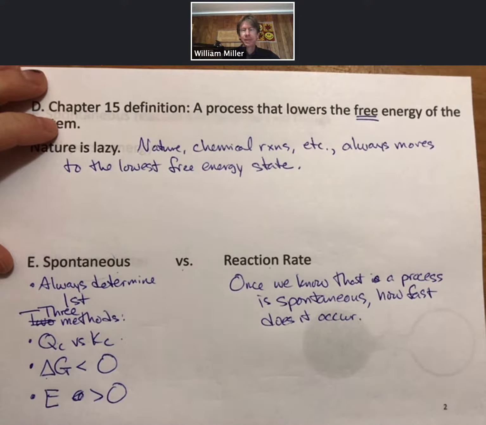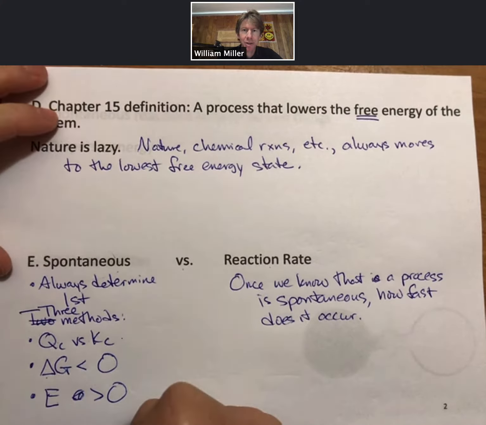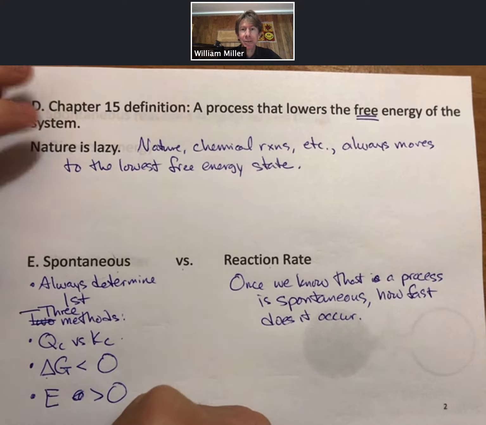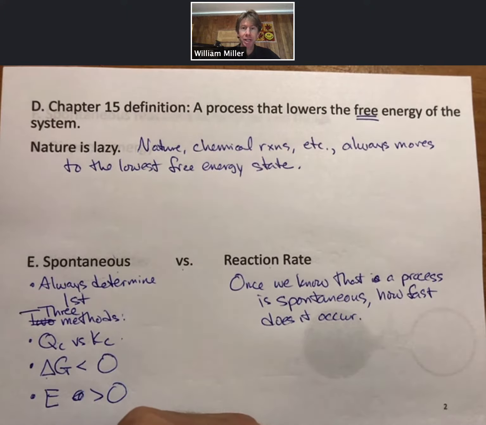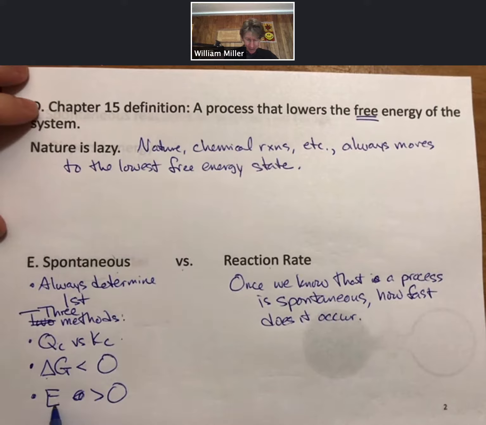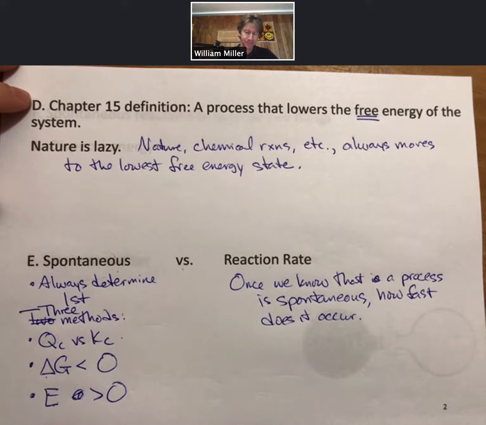The change in free energy is going to be a way that we're going to use for reactions that typically involve large, measurable changes in energy. And E is going to be a voltage for an electrochemical cell, and that will be easiest to measure for the reactions when we talk about batteries and things like that.